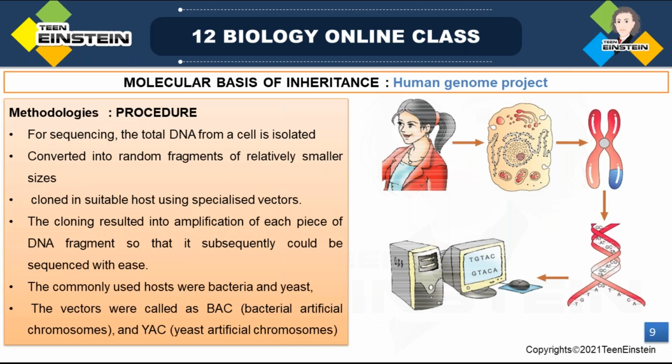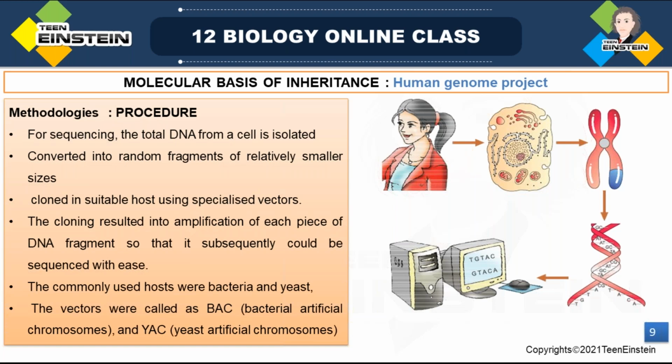Why are we making fragments of smaller size? You know that DNA is a very, very long polymer, so technically it is very difficult to sequence a long piece of DNA. That's why we make random fragments with smaller size. Got it?